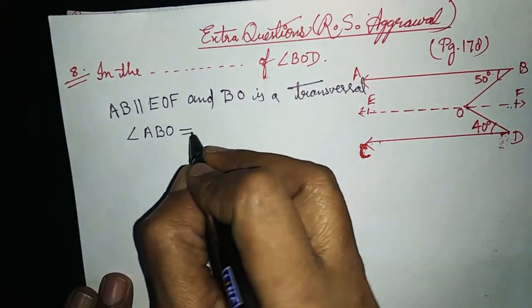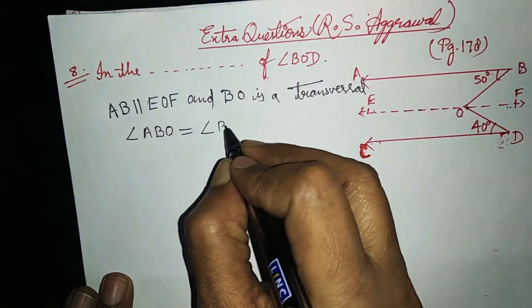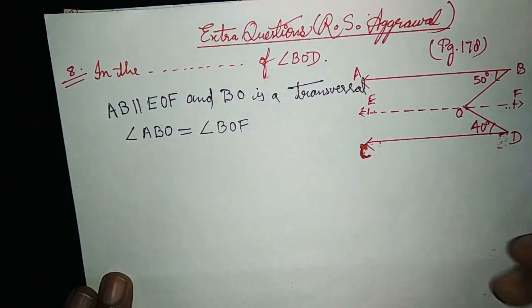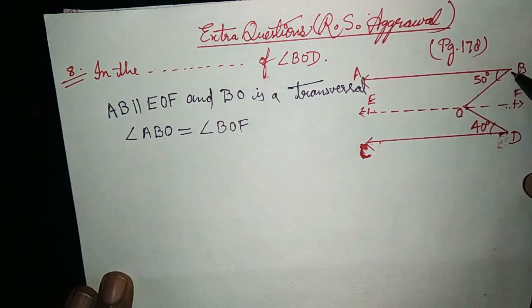Now you will think how these two angles are equal, because angle ABO and angle BOF are a pair of alternate interior angles.